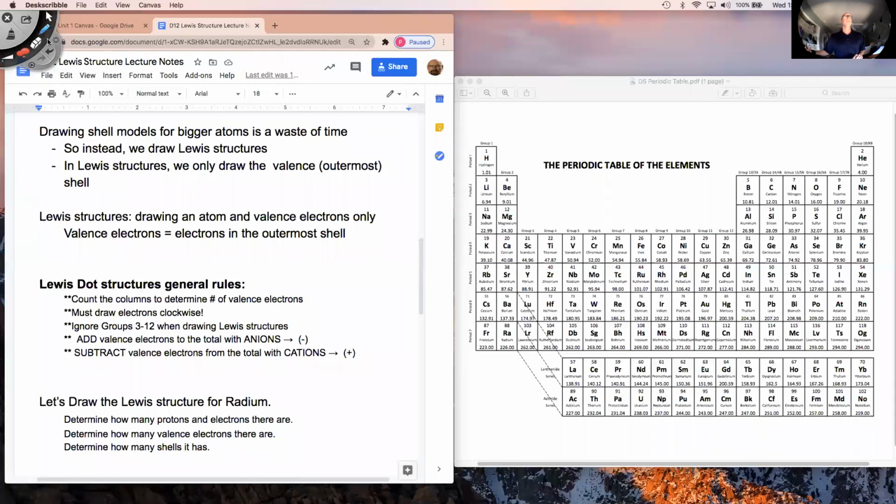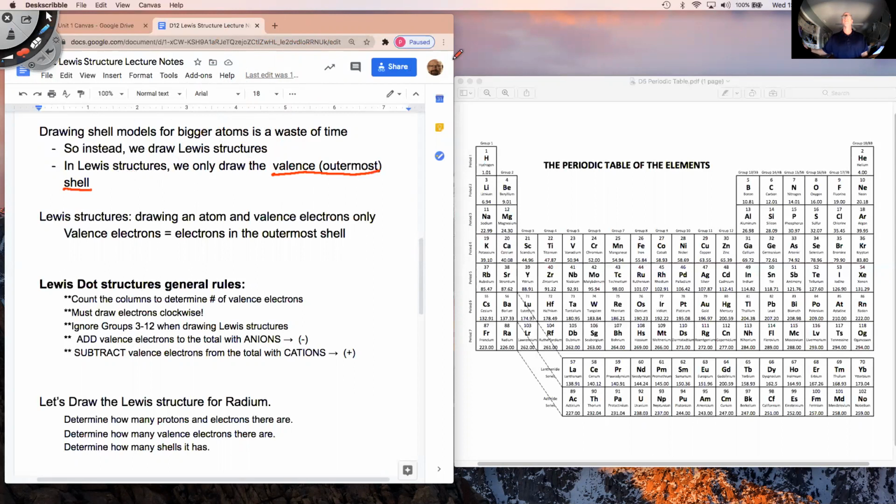So what I want to do is take you through this process right here. We're going to be talking now about Lewis dot structures, which are going to keep us from having to draw all of these shells. The point of the Lewis dot structure is so that we can find out what the valence, or outermost shell, looks like.